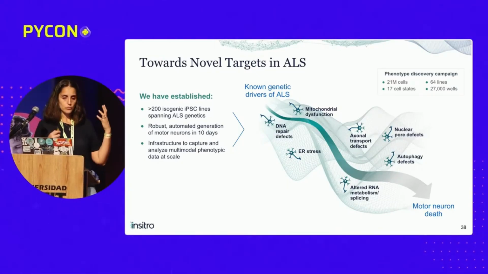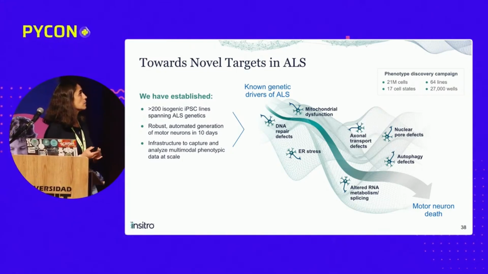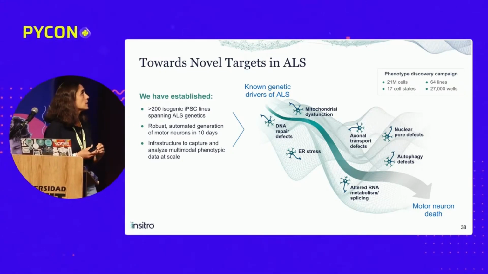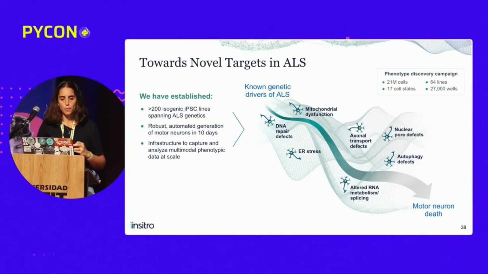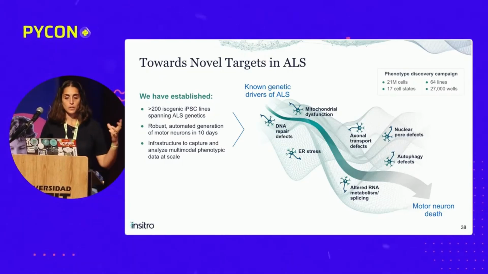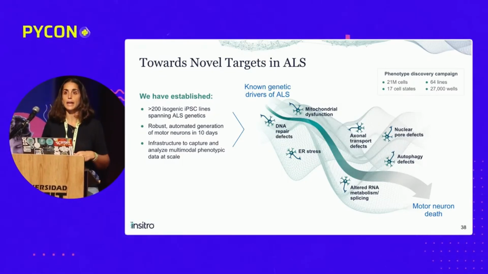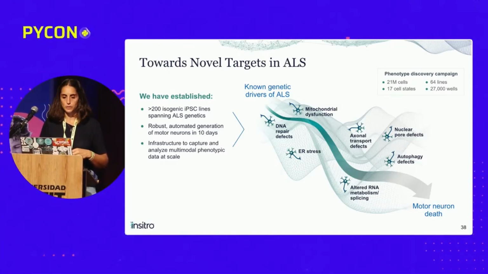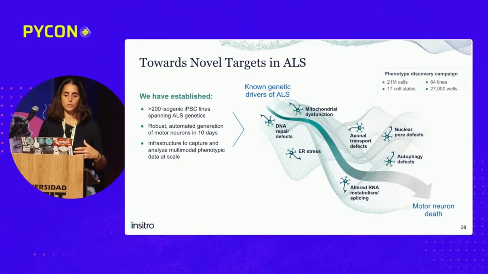So we have these over 200 isogenic iPSC lines. We have a way of generating the motor neurons from the donor lines, and we can capture and analyze these multimodal phenotypic data at scale. So we are ready to screen.